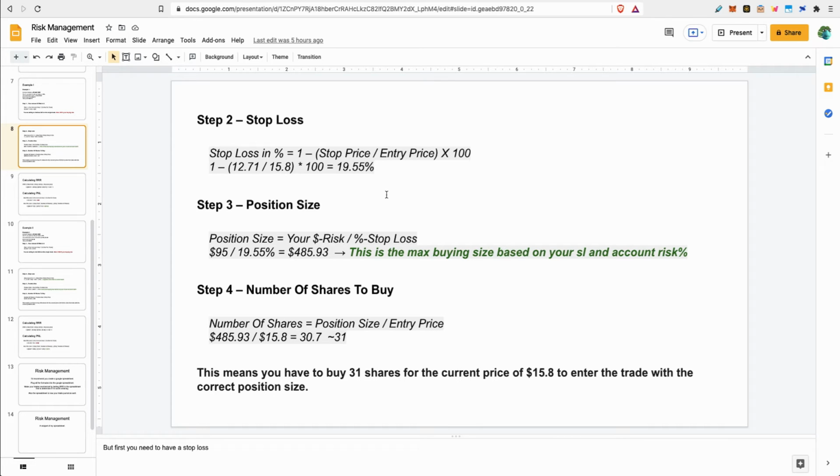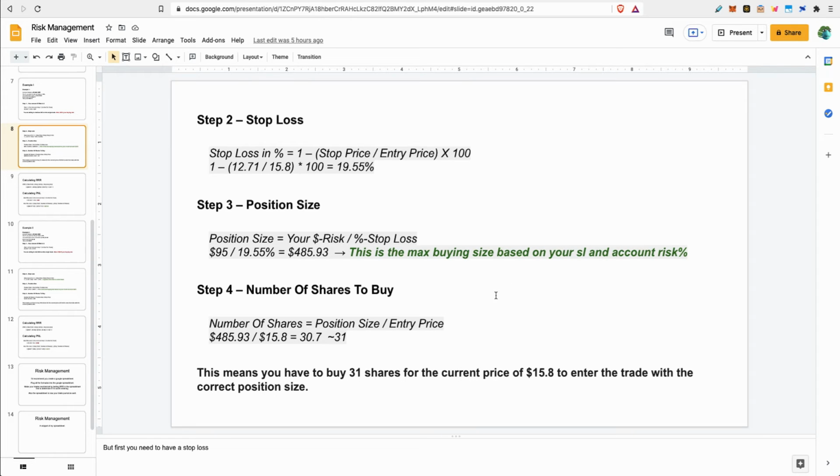It's not $95, it's $485. Out of the $5,000, to risk 1.9% at a stop loss of 12.71, this is your maximum buying size based on your stop loss and account risk. You can only buy 485 worth of Luna to respect your stop loss price and your account size risk.